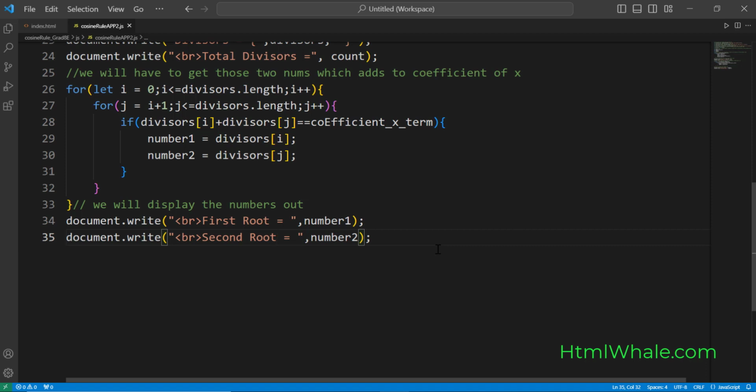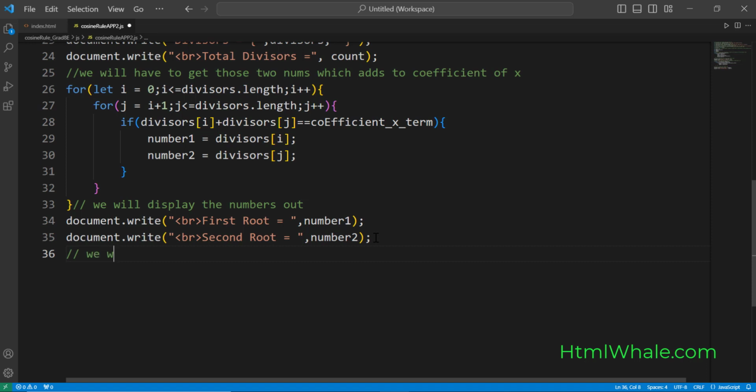So now we have to go back and, as I've shown you, we will have to get the GCD. So for that I'm going to utilize the function concept. I'm going to create a function that would calculate the GCD of number 1 with the coefficient of x squared. So let me write that down.